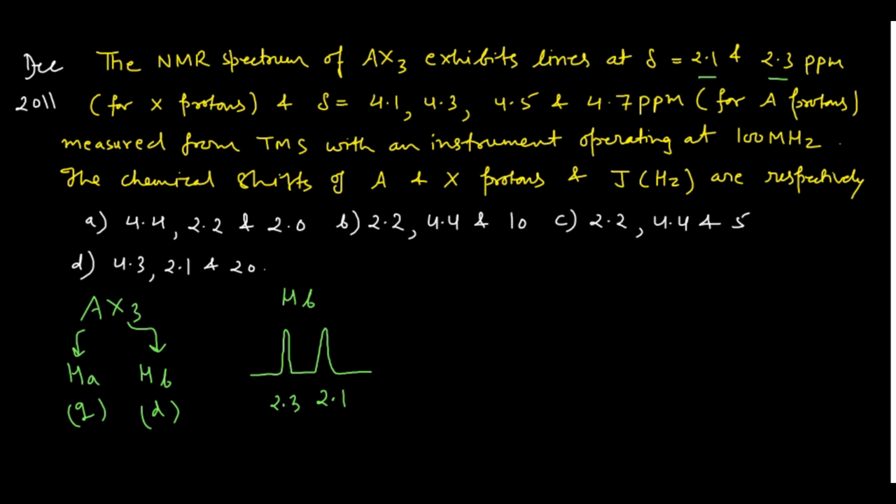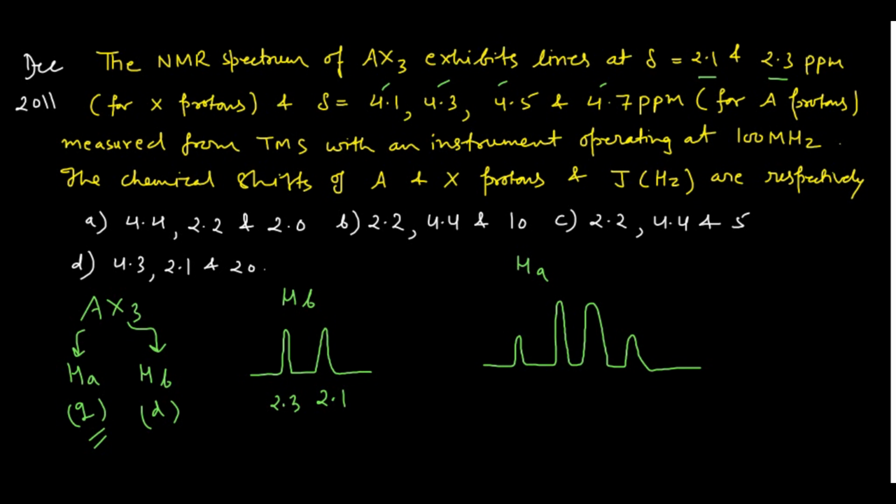Then for the HA type of proton you get a quartet, meaning four chemical shifts: 1, 2, 3 and 4. You draw the quartet following Pascal's triangle, though it is not very correctly drawn, but you can understand it that way.